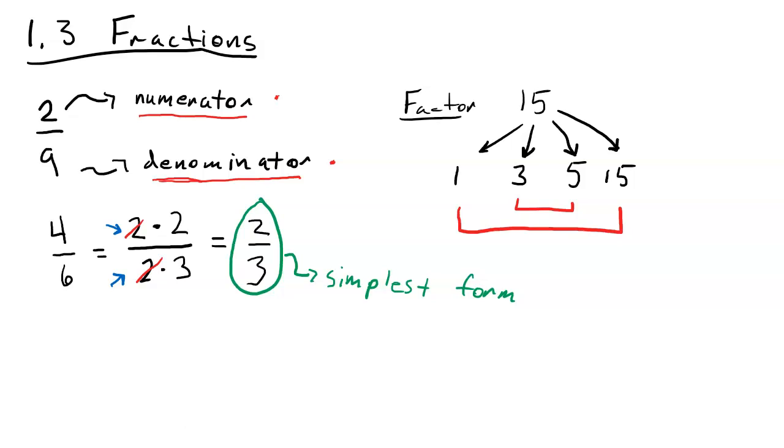Now, what you might say is, well, what if there are a lot of factors? So what do I do with a number with a lot of factors? How do I know which factors to simplify them into? Well, this is where something called prime numbers comes in to help. Prime numbers. So prime numbers are numbers that can only be divided by 1 and itself.